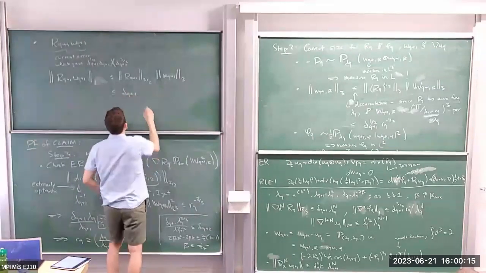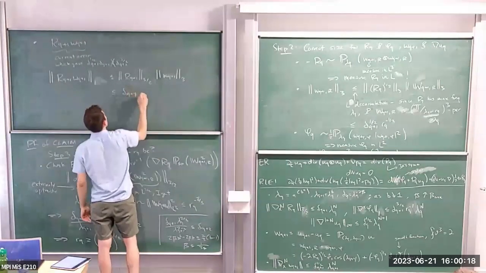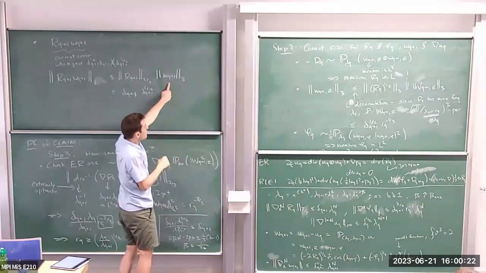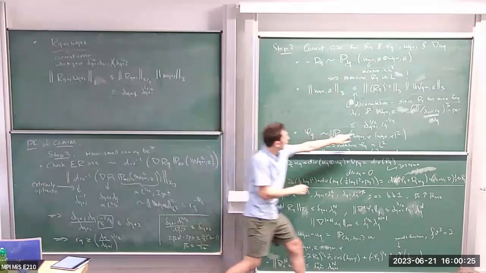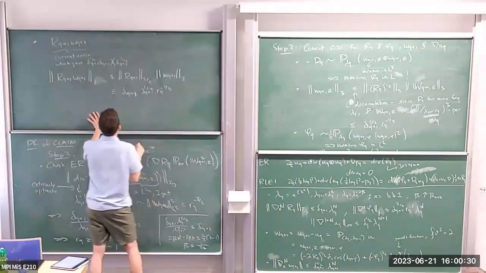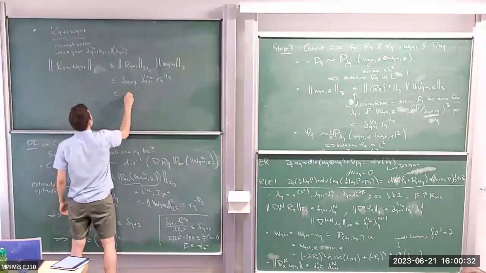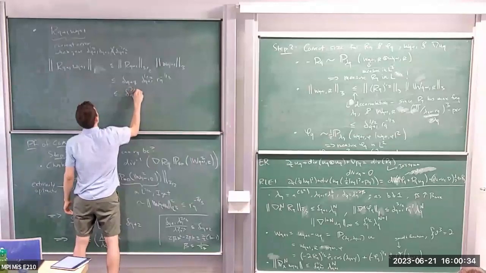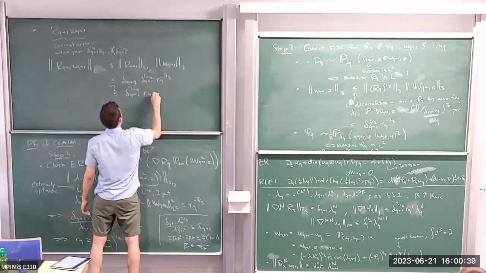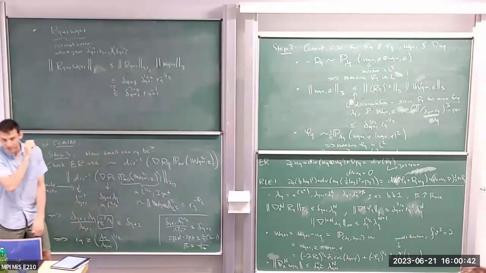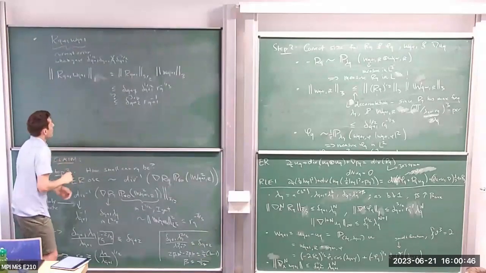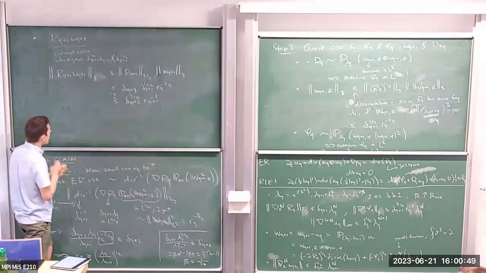And here I get delta Q plus 2. And here I get delta Q plus 2, delta Q plus 1 to the 1/2, RQ to the minus 1/3. And I want this to be less than delta Q plus 2 to the 3/2 RQ plus 1 inverse. That's going to be the best we can hope for.